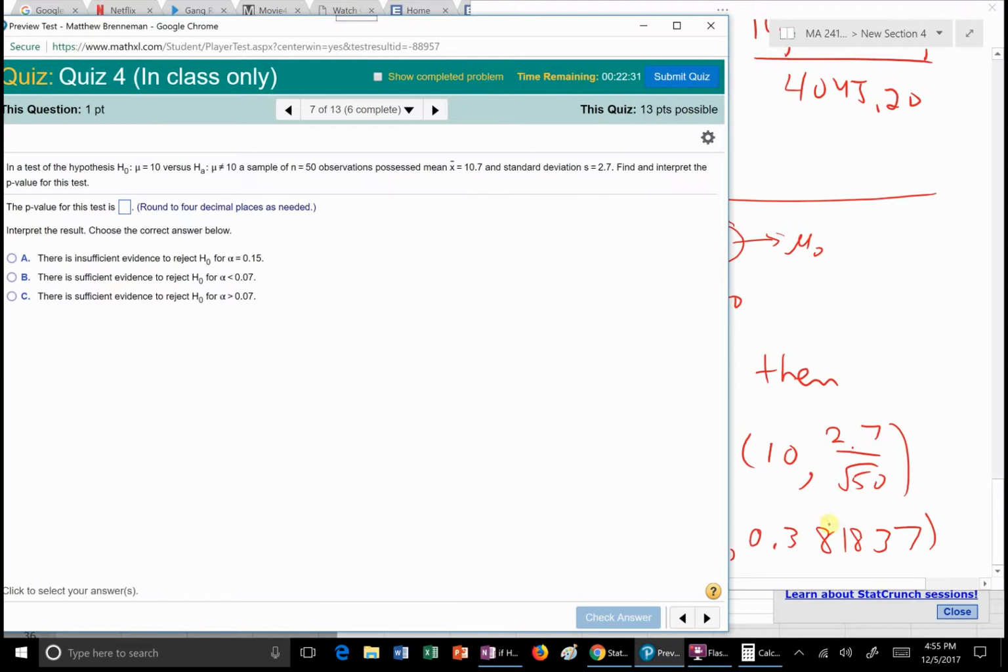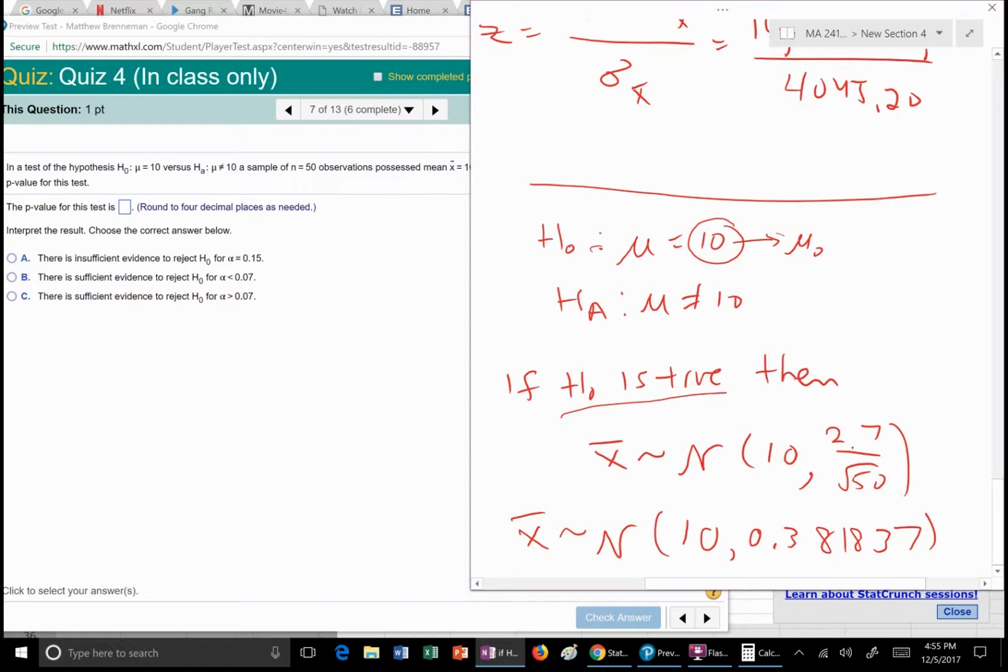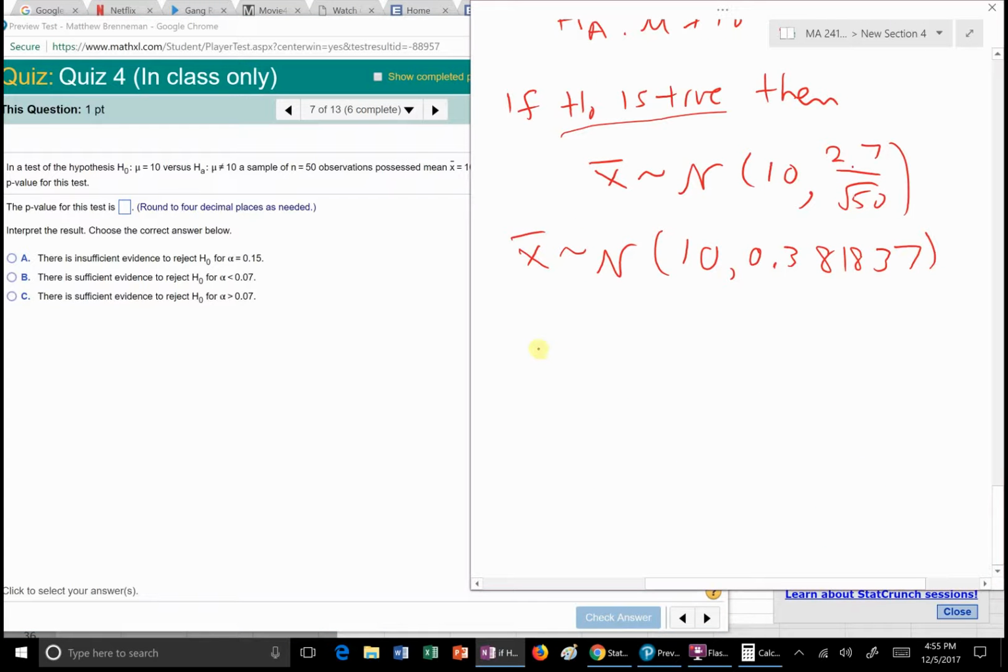So what is the p-value? Well, remember, our observed value here was 10.7, right? So the X bar observed was 10.7. So I'm going to compute the probability in the tail, right? So my distribution of X bar under the null hypothesis looks like this.